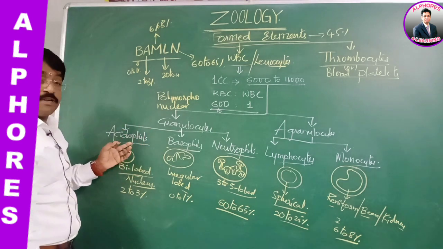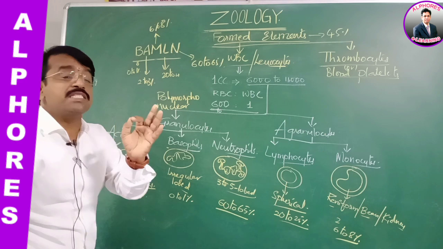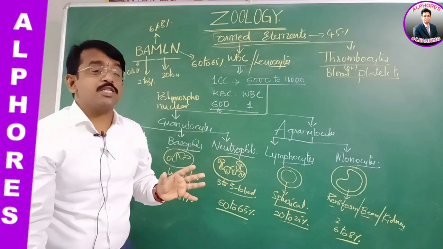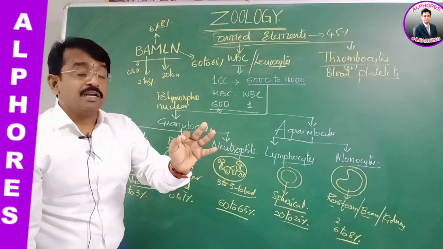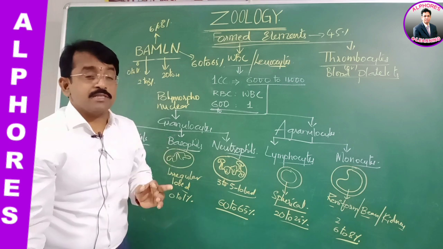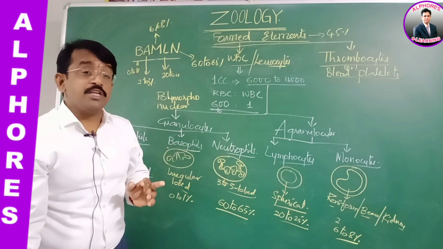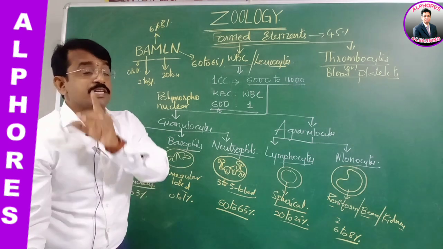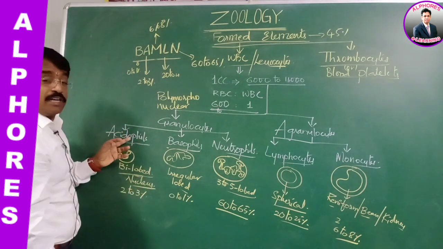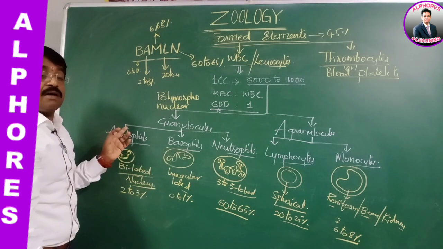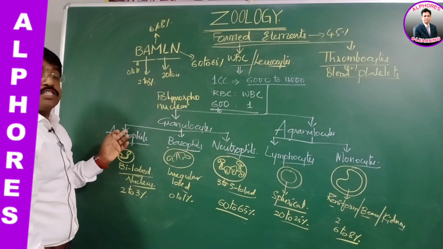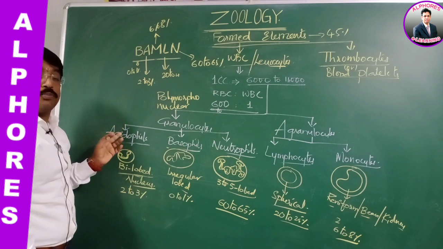Basically they are increased during the time of allergies, helminthic infections, Ascaris and taeniasis. They are helminthic parasites. In taeniasis and allergy, there is an increase in the number of acidophils. Increase in number is eosinophilia, decrease in number is eosinopenia.